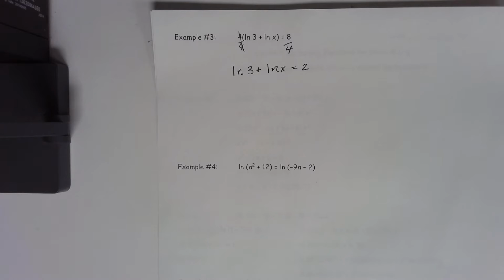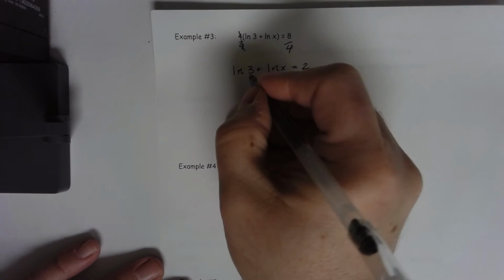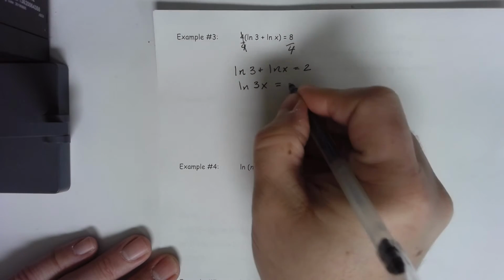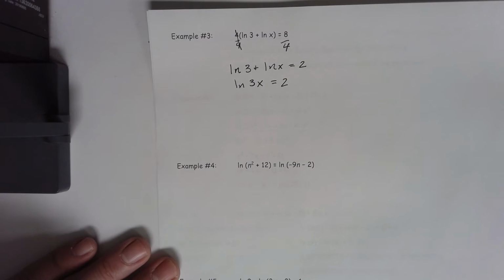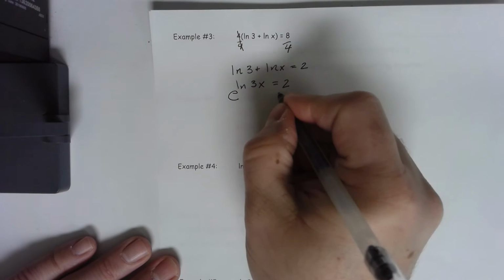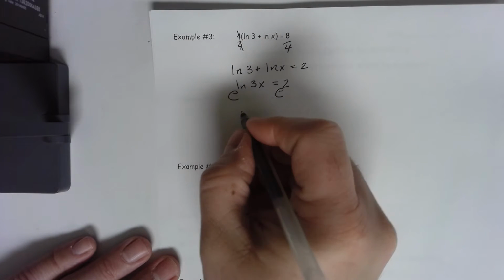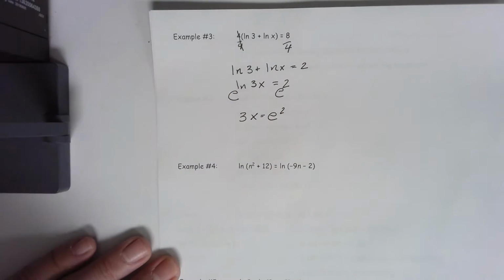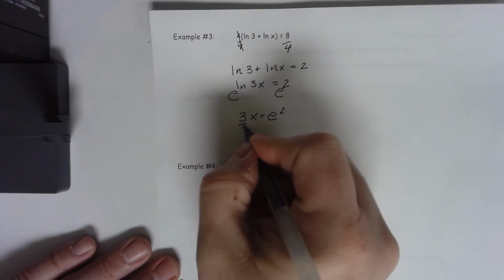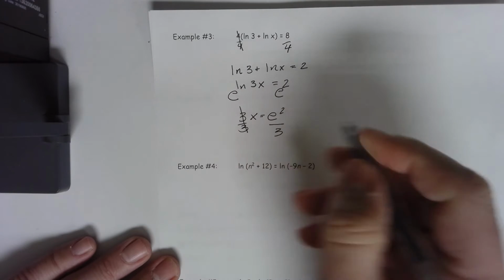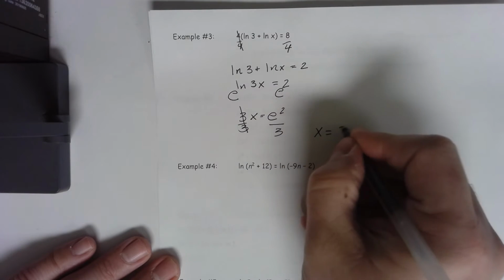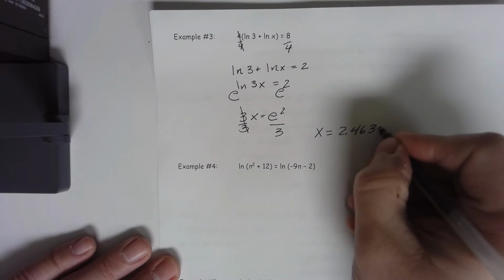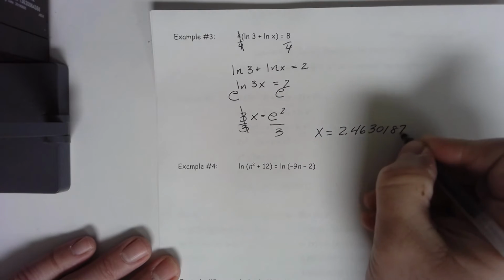And the nice part is, now I can rewrite that as the ln of 3x, because we know that plus between logarithms is really just multiplication. Raise to e, and this becomes just 3x, and this is just a number, e squared. Divide by 3, divide by 3, and we get that x equals 2.46.